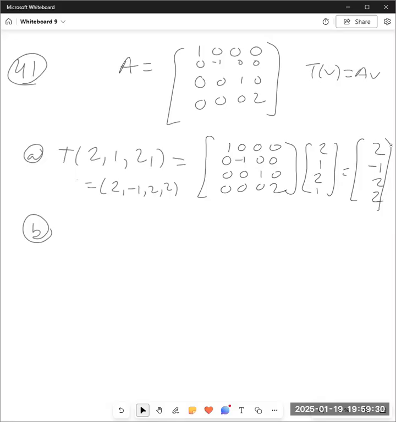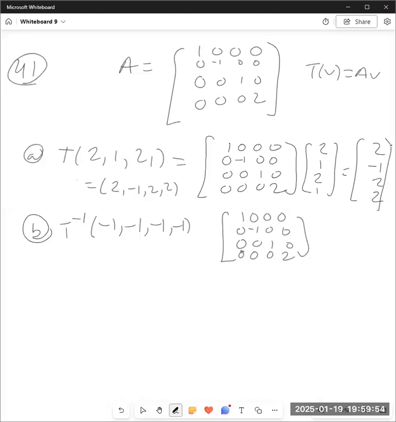B asks for the pre-image of negative 1, negative 1, negative 1, negative 1. Find that with 1, 0, 0, 0, 0, negative 1, 0, 0, 0, 0, 1, 0, 0, 0, 0, 2 times v1, v2, v3, v4 equals negative 1, negative 1, negative 1, negative 1.